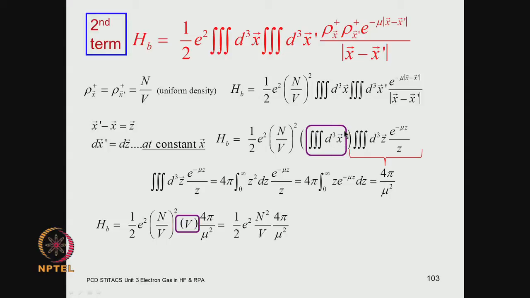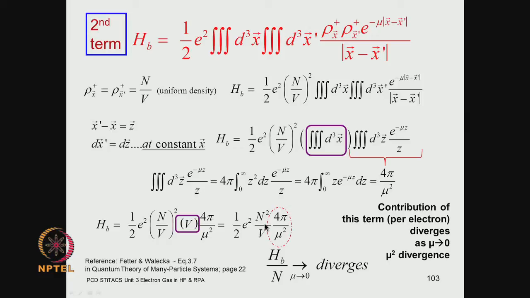This is the integration over the whole space of the volume elements. So, you get the total volume over here, and then you have 1 over volume square coming from here, and you have a volume in the numerator. So, you are left with n square over V, you have a 4 pi over mu square, and then of course, you have the half e square which was here to begin with. Okay, so, that is your result for the background Hamiltonian.